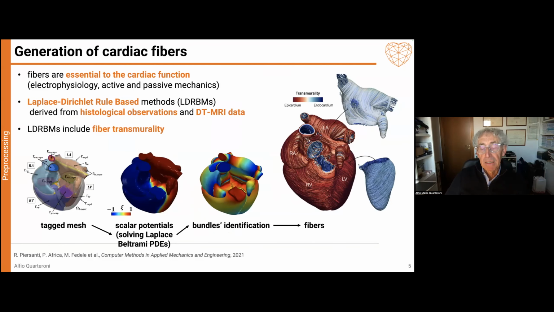And let me conclude this very first section very rapidly by mentioning the problem of the fibers. Fibers are very important because they allow, from one side, the propagation of the electrical signal, and on the other side, due to their torsion, they allow the myocardium to contract and to relax.